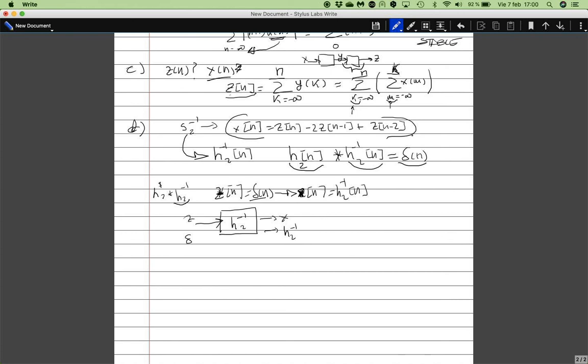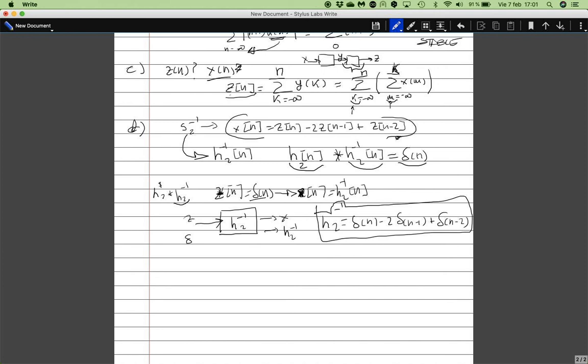If I go to this equation over here, I will have x[n], h2 minus 1, equals 2, and then zeta n is delta, so delta[n] minus 2 times delta[n minus 1] plus delta[n minus 2]. This is h2 minus 1.